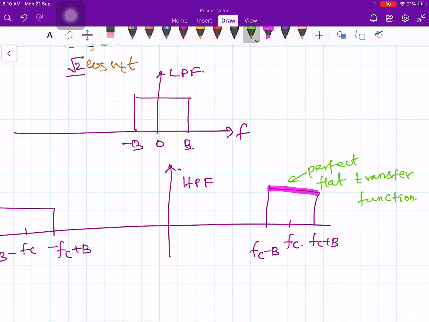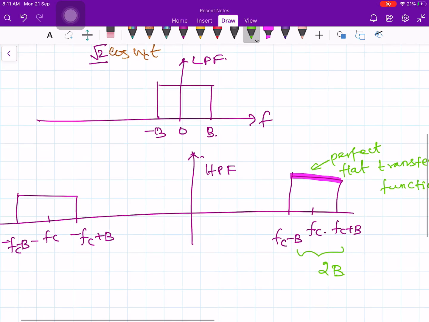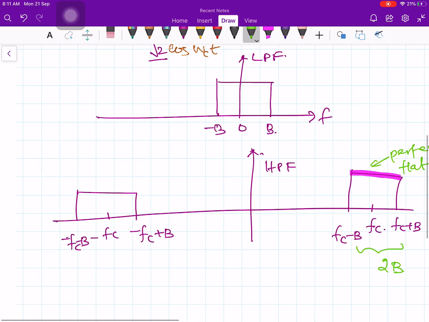The bandwidth is 2B and centered around Fc.